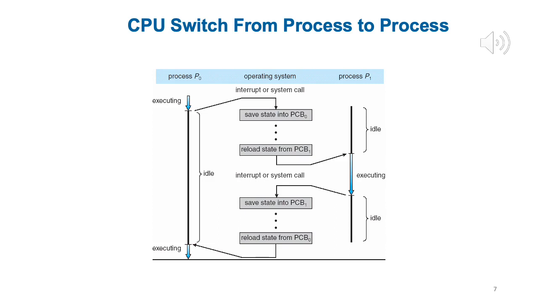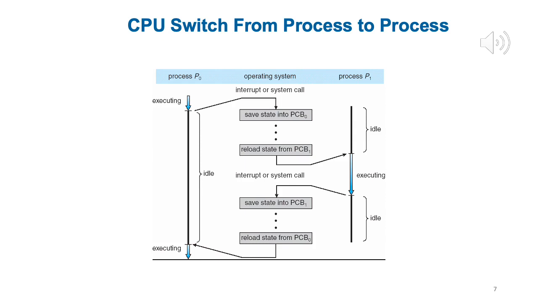Now I am on slide 7, and this shows us in the form of a picture how a context switch is happening from process P0 to process P1. You can see two processes running. Initially, process P0 is running, which means the CPU is executing P0's instructions.